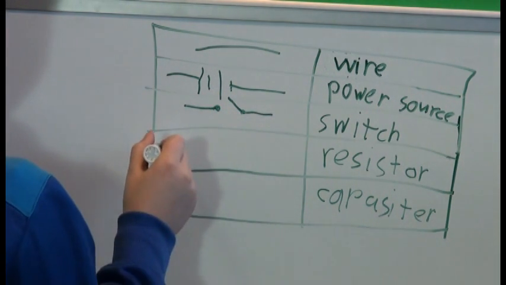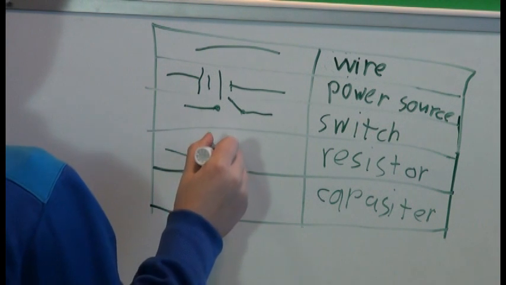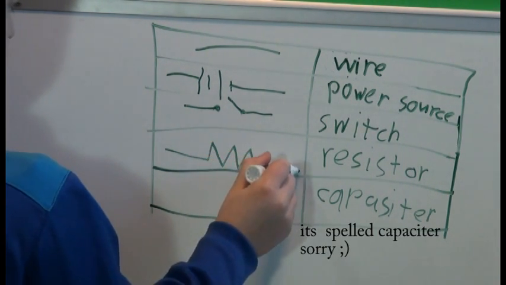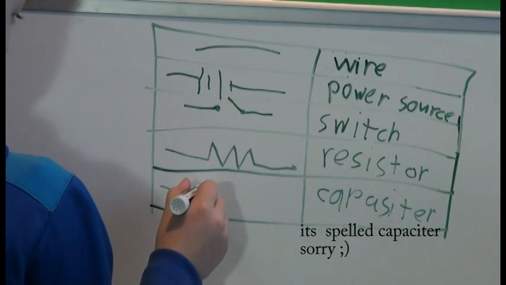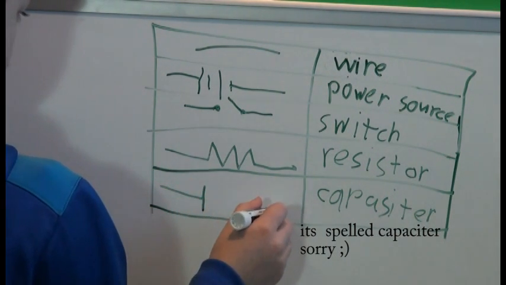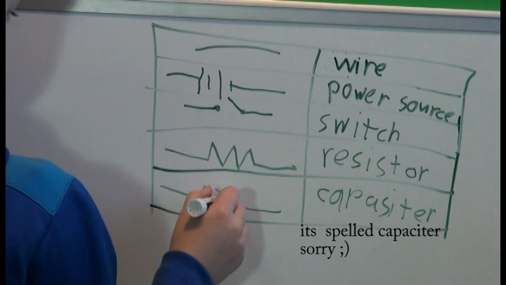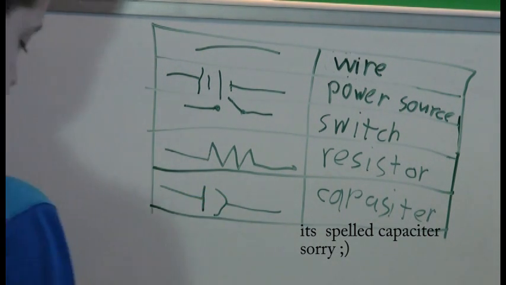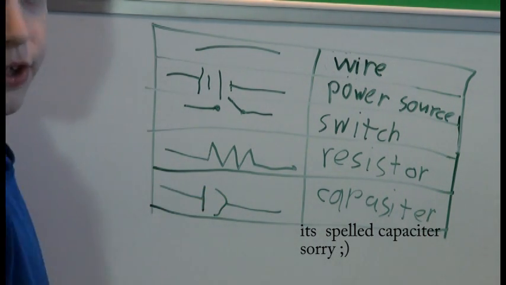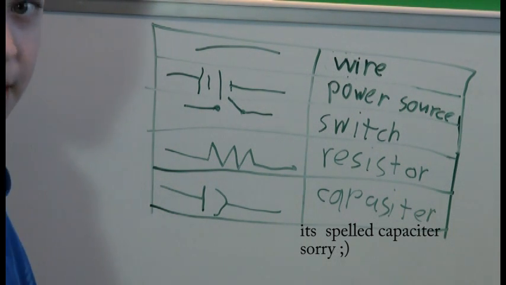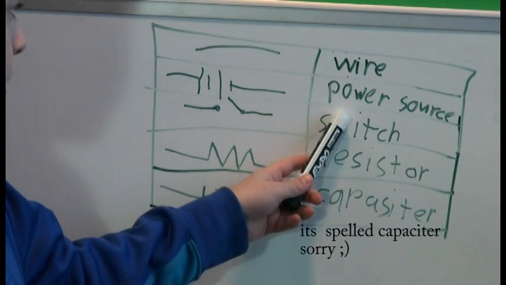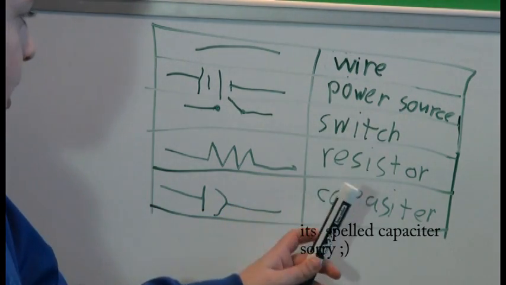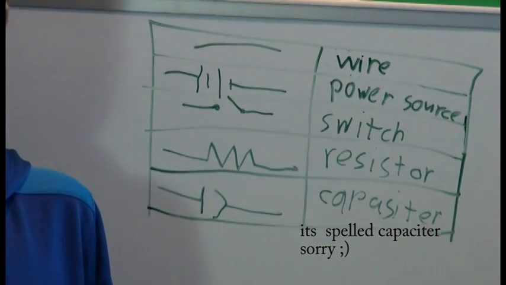A resistor would be some jagged lines. And a capacitor would be a line and then an arc. So, those are the schematic symbols for a wire, power source, switch, resistor, and a capacitor.